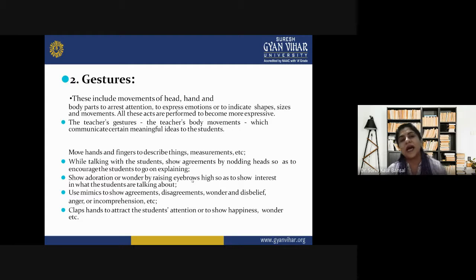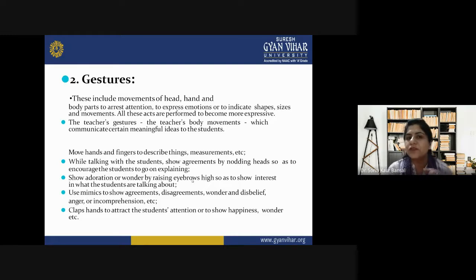So move hands and fingers to describe things, measurements, etc. While talking with the student, show agreements by nodding heads so as to encourage the students to go on explaining. Okay, so show adoration or wonder by raising eyebrows high so as to show interest in what the students are talking about.